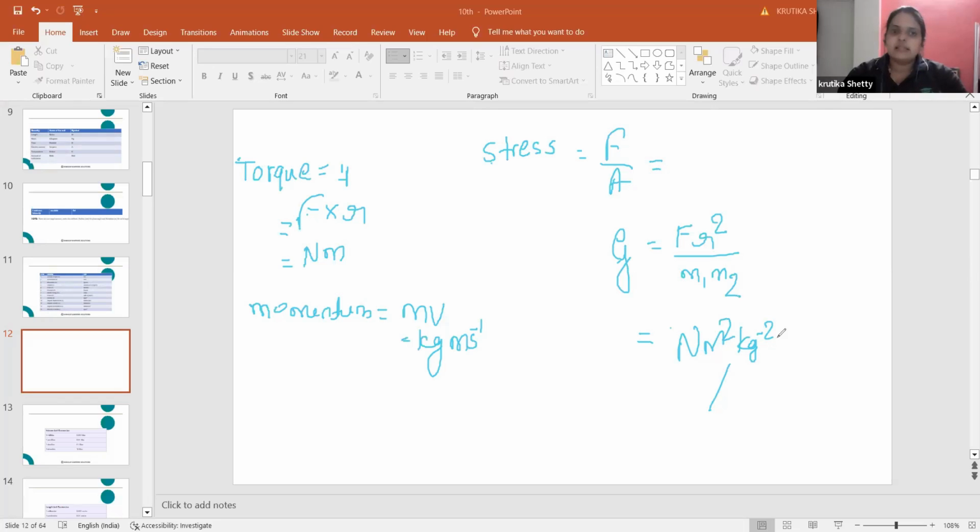I hope this class is helpful for you to understand physics, physical quantities, some quantities in physics, and how to understand the units. If you are not clear, you can go through the recorded classes also. Just go through that and see how to write the units, because it is very important in physics to understand the units.